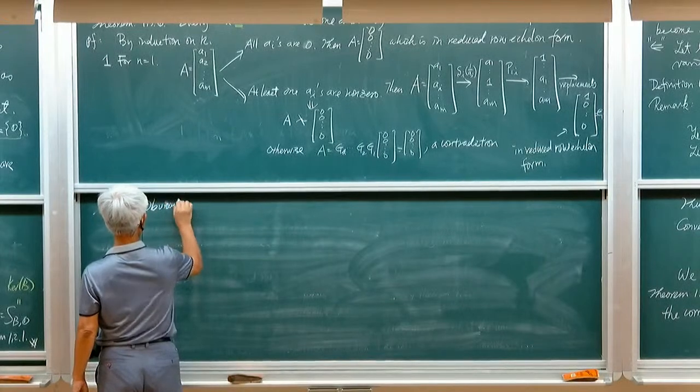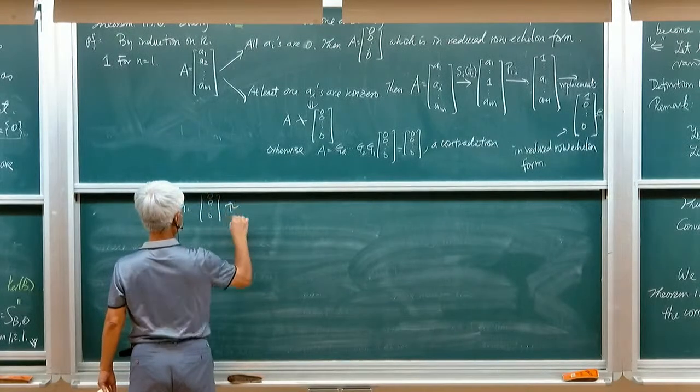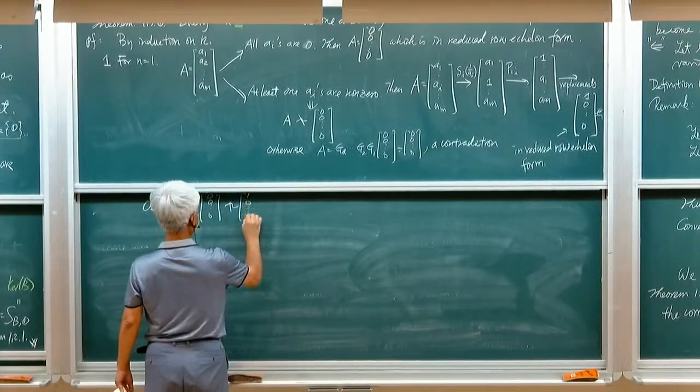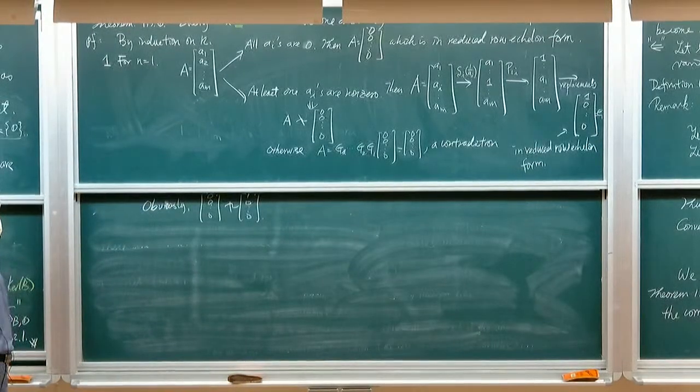So obviously, the all-zero vector is not row equivalent to (1, 0, ..., 0). Of course.